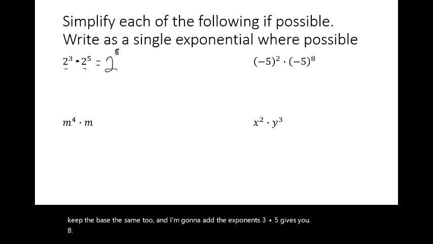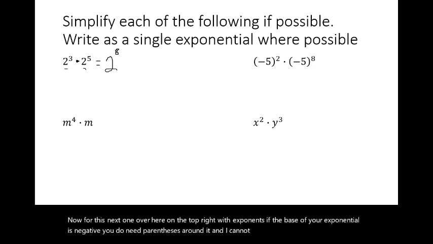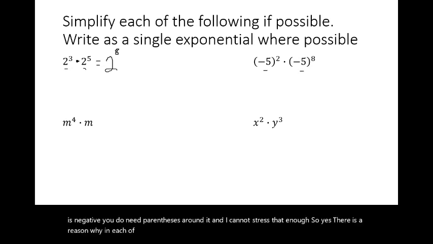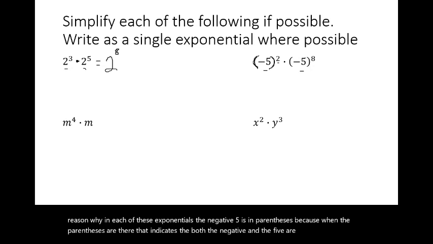Now for this next one over here on the top right, with exponents, if the base of your exponential is negative, you do need parentheses around it, and I cannot stress that enough. So yes, there is a reason why in each of these exponentials the negative 5 is in parentheses. Because when the parentheses are there, that indicates that both the negative and the 5 are being squared, and then same thing here.